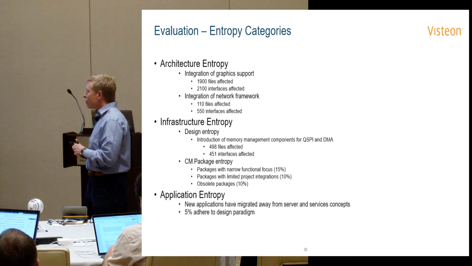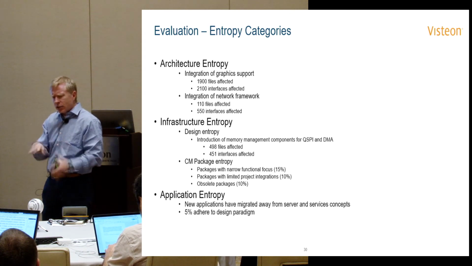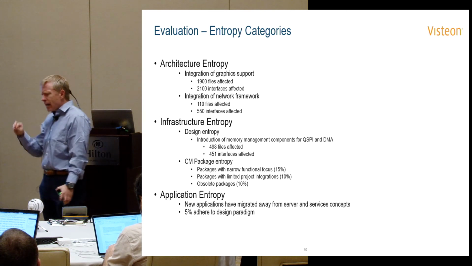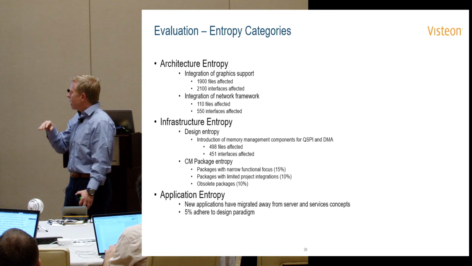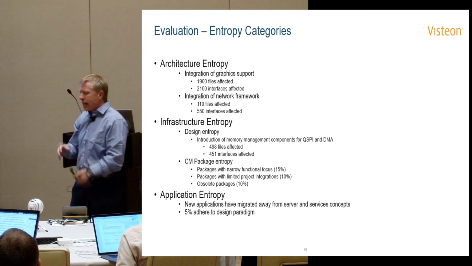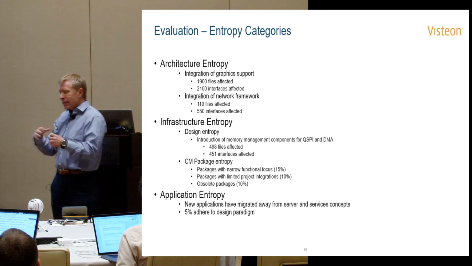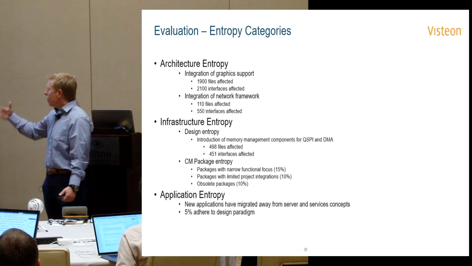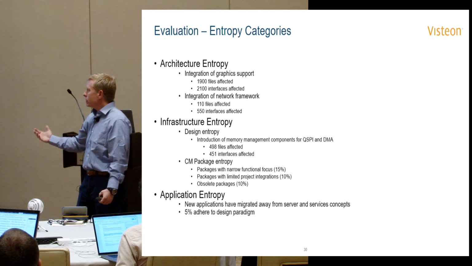And we moved on to infrastructure. This was more of a design, not critiquing the architecture, but the way to design new functionality within the infrastructure to meet what was expected. And when it came to the design, just adding some new memory management technologies to an existing memory manager affected, again, a huge number of files and a huge number of interfaces.